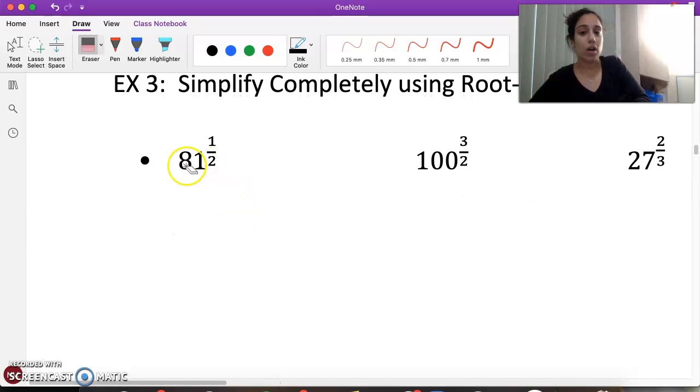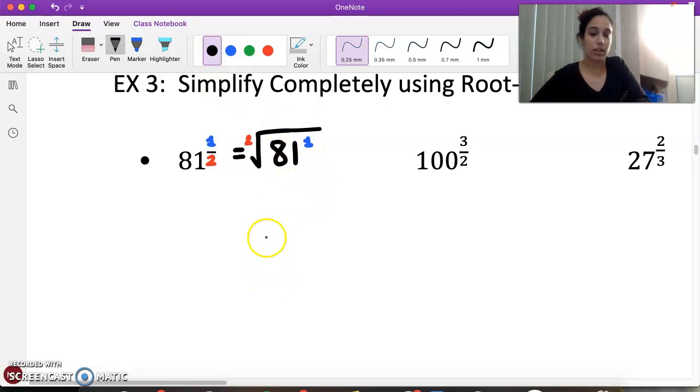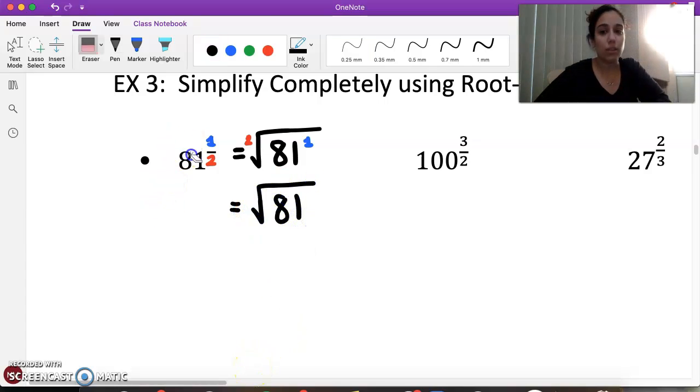So 81 to the 1/2 power is the same thing as saying the square root of 81 to the first power. So in simpler terms, it's the square root of 81. And what is the square root of 81? Well, the square root of 81 is 9.